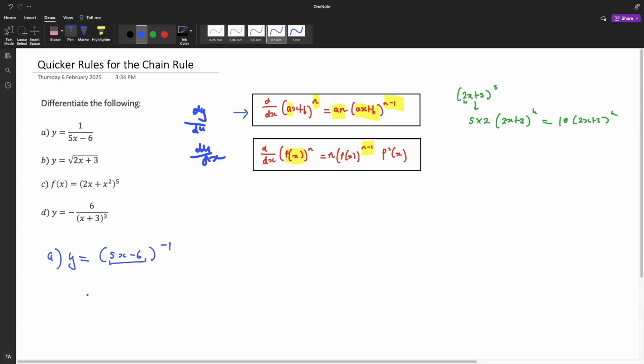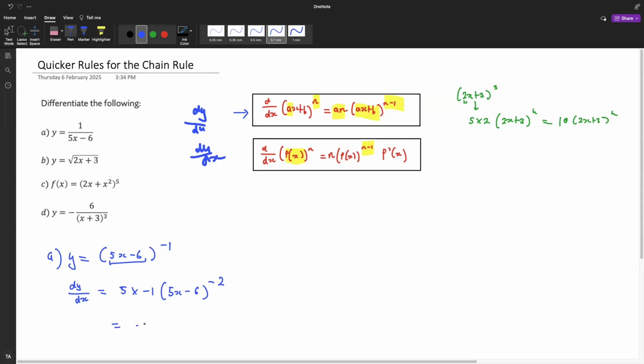So dy over dx is going to equal, the coefficient of x here is 5 and the power is -1, so 5 times -1. And then the linear function inside stays the same and we reduce the power by 1, so -1 minus 1 becomes -2.